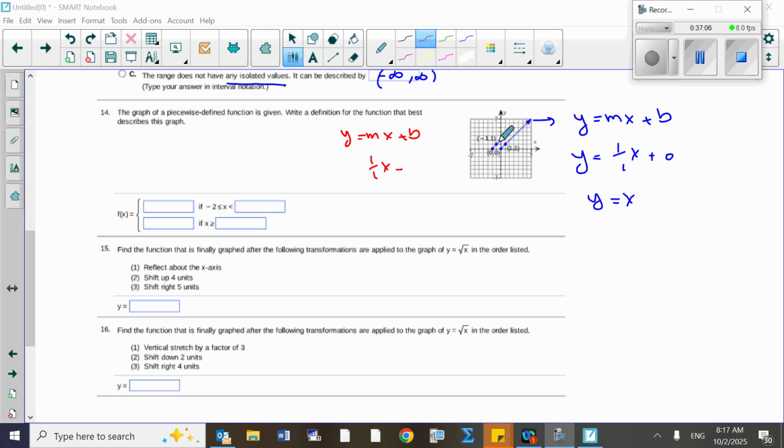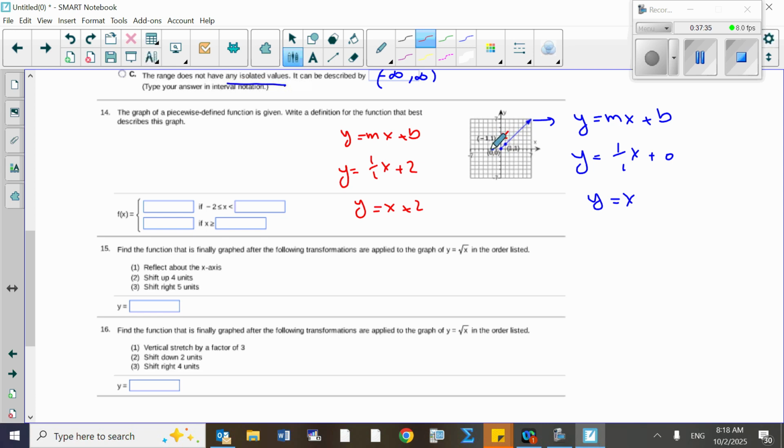Sorry, the y-intercept here is at 2, this point. Although it's an open circle, it's okay if we just consider the equation of the whole line, the y-intercept here is at 2. So plus 2. So y equal to x plus 2. Okay, so what is the domain for this function? This one on the left side starts from -1.